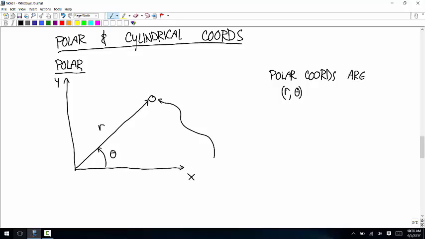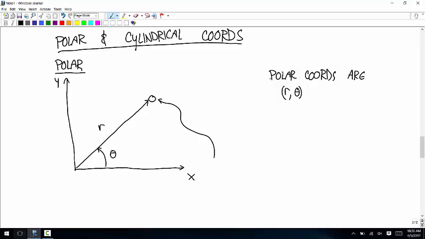Now here's the weird thing. Those are the polar coordinates, and when we're in a usual orthogonal right-handed x, y, z coordinate system, the coordinates give us a vector. The coordinates are the vector components. We've always taken that for granted.